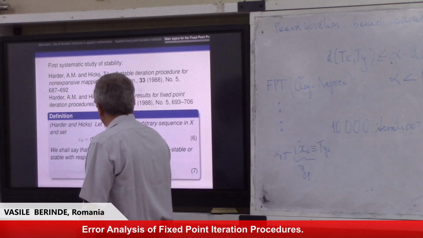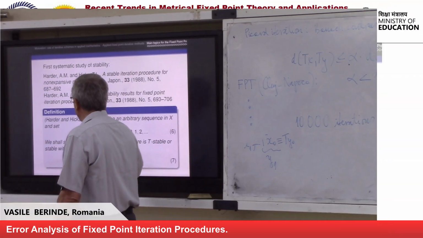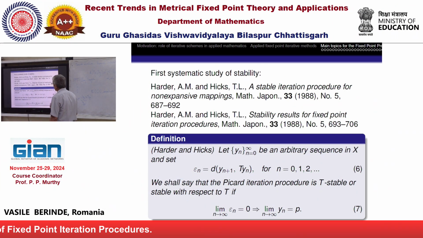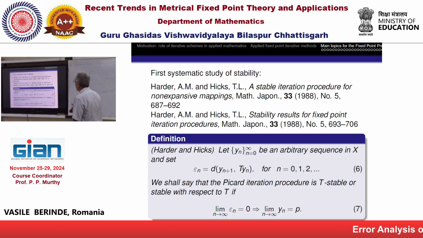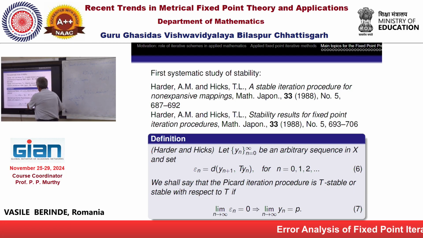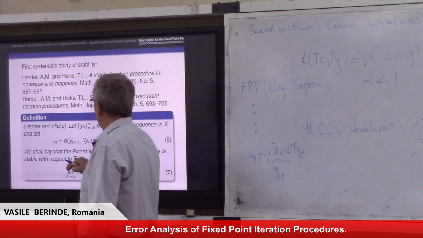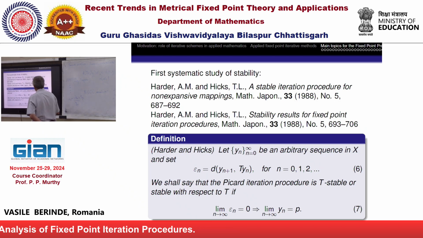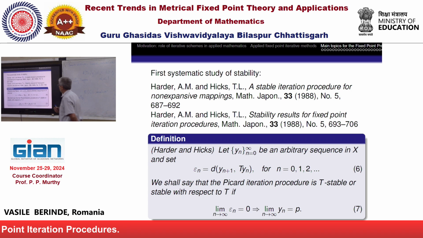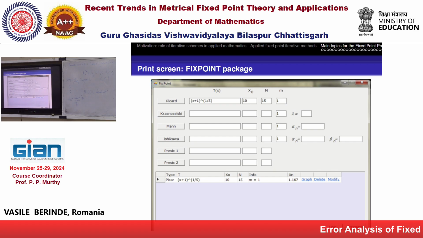Having this sequence, we say that Picard iteration, here it is Picard iteration because it's this one, is T stable or stable with respect to T if we have the implication we had previously in the case of Ostrovsky: limit of epsilon n is 0, then limit of yn is p. This is their first definition of stability, and it is exactly fitting the approach by Ostrovsky.